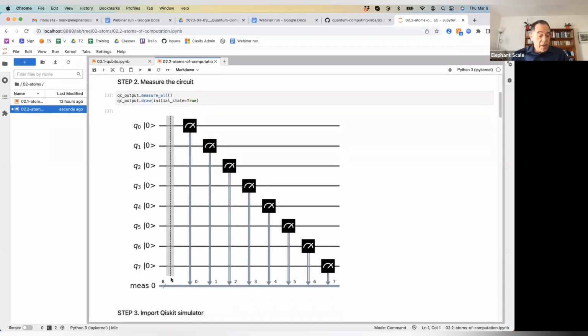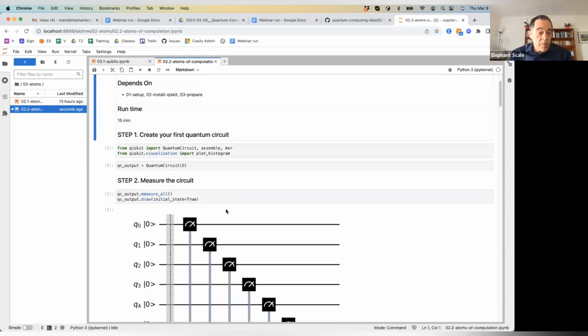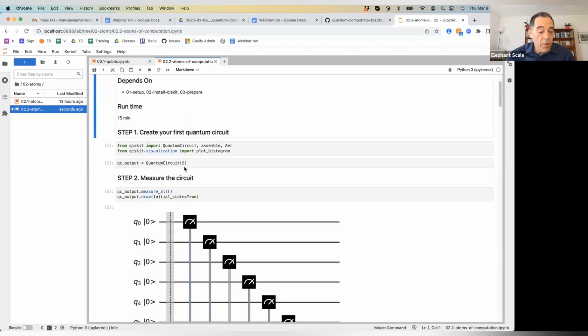And finally, in the end, I'm copying them into the real bit situation. That will be my answer. So that's why sometimes they just say quantum circuit of 8 qubits. And sometimes they say 8 because usually the number of regular bits is the same as the number of qubits.